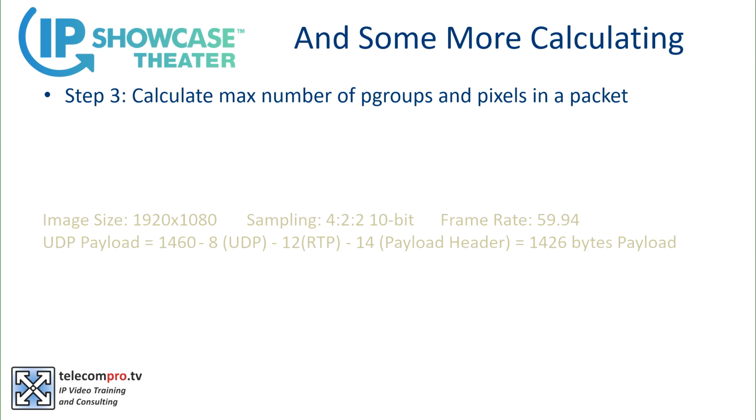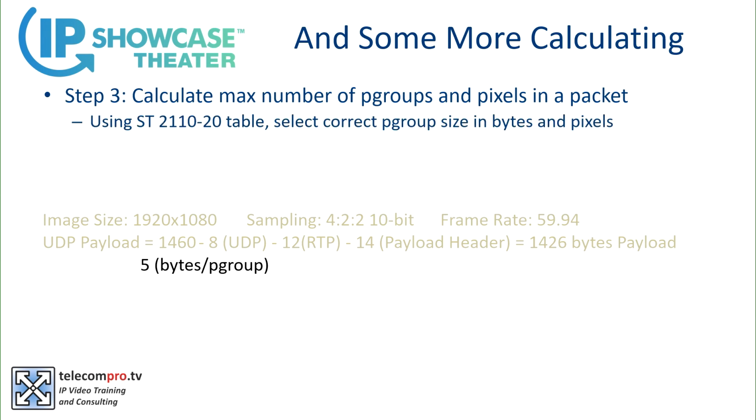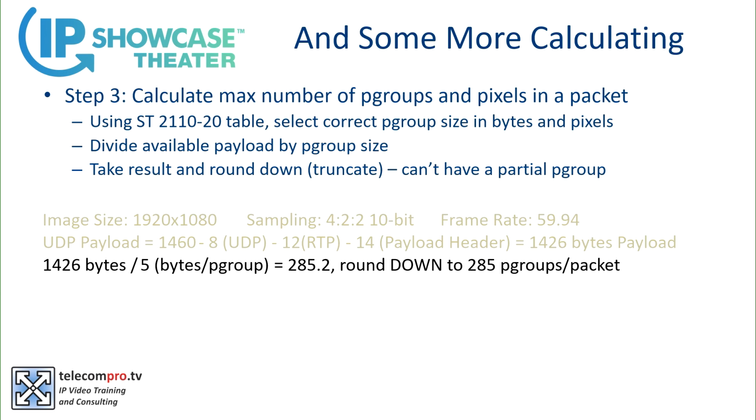Now I'm going to calculate the maximum number of P groups and pixels in the packet. All right, so using this table that we looked at before, I hope you remember, we have 5 bytes in a P group for a 422 10-bit signal. We're going to take our 1426 bytes and divide that by the 5 bytes in each P group, and we're going to get 285.2.